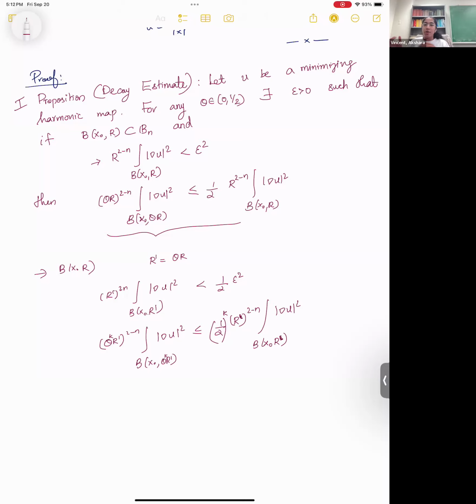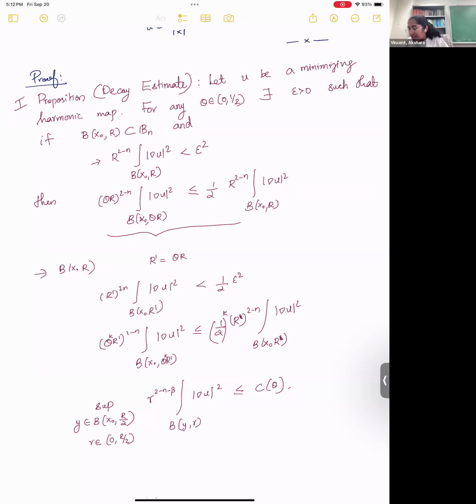So it's kind of like your energy is becoming smaller and smaller. So it's not surprising if I say that we can use this decay estimate to get a bound of the form: supremum over all y belonging to B(x0, R/2) and r belonging to (0, R/2) of r to the power 2 minus n minus beta times the integral over B(y,r) of |gradient of u|^2 is less than or equal to a constant depending on theta.